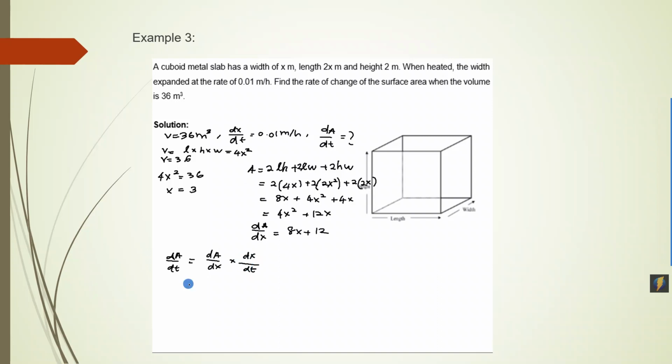Okay, so dA over dx is 8 times 3, substitute x with 3, plus 12, times 0.01. Okay, so the answer is 0.36 meters squared per hour.